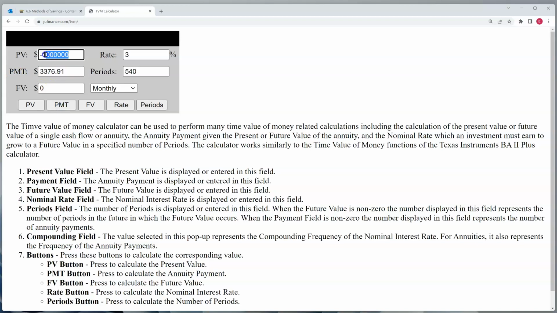So if you took that $1 million winnings from the lottery or wherever, put it in an account earning 3%, what this is saying is you could withdraw $3,376.91 a month for 540 months, and you would drain the account in 540 months. So basically, that's a $3,300 paycheck a month that you could live off of $1 million.